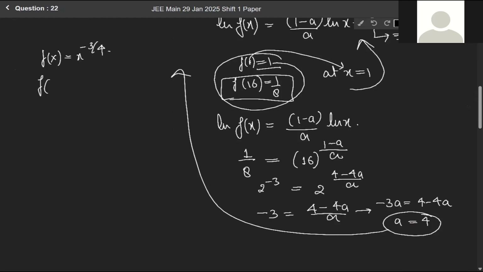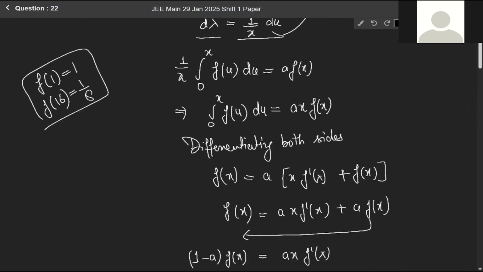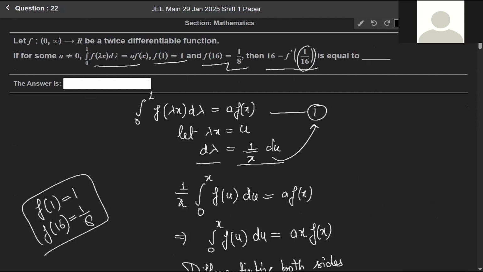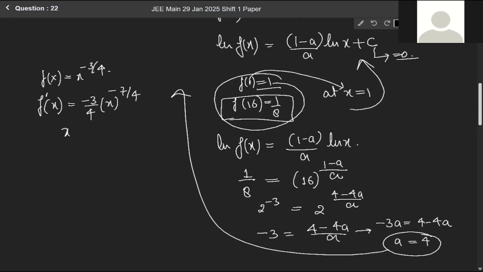So we can write it as f'(x) equals minus 3 by 4 x minus 7 by 4. So if we put x as 1 over 16, then f'(1/16) will be equal to minus of 3 by 4 times 1 over 16 minus of 7 by 4.